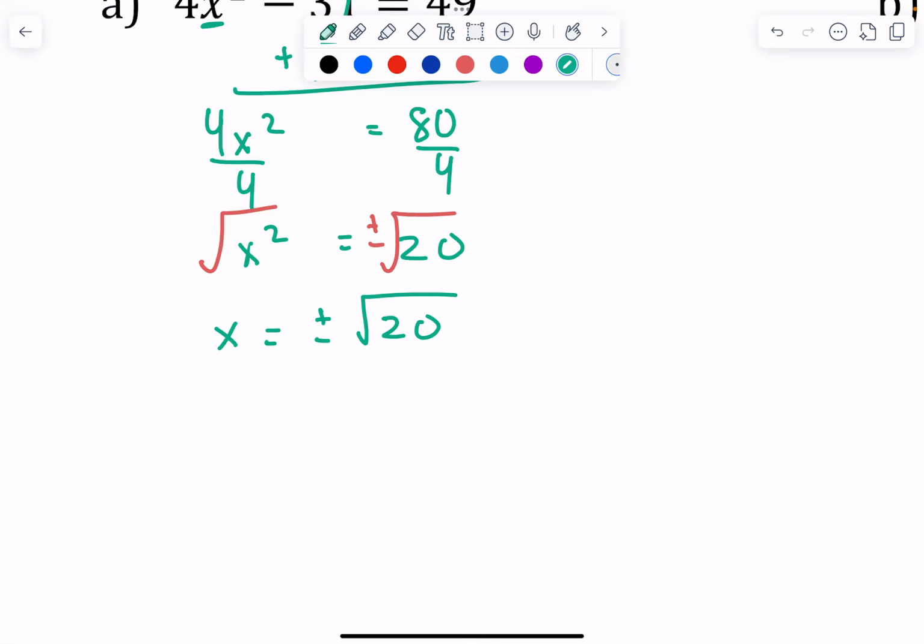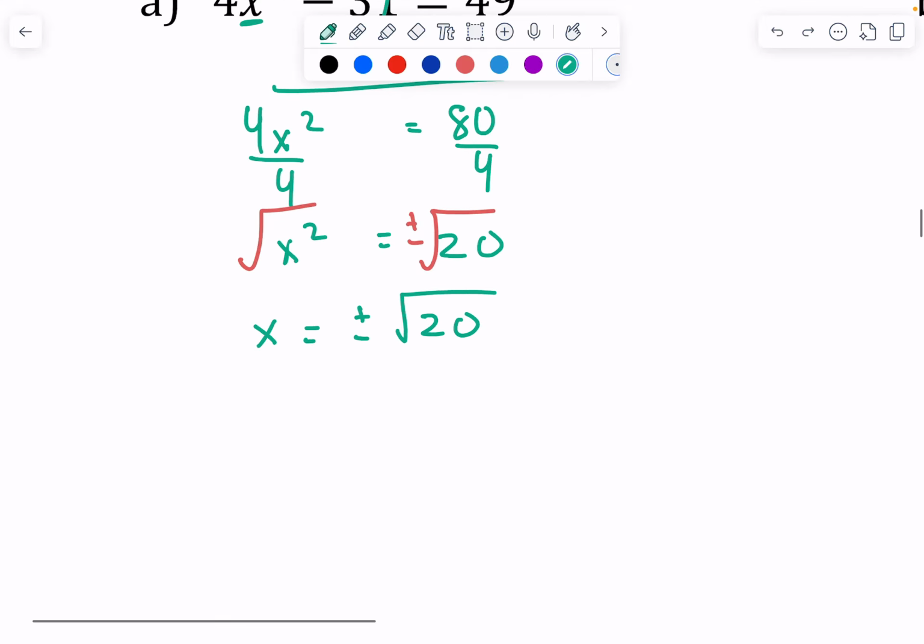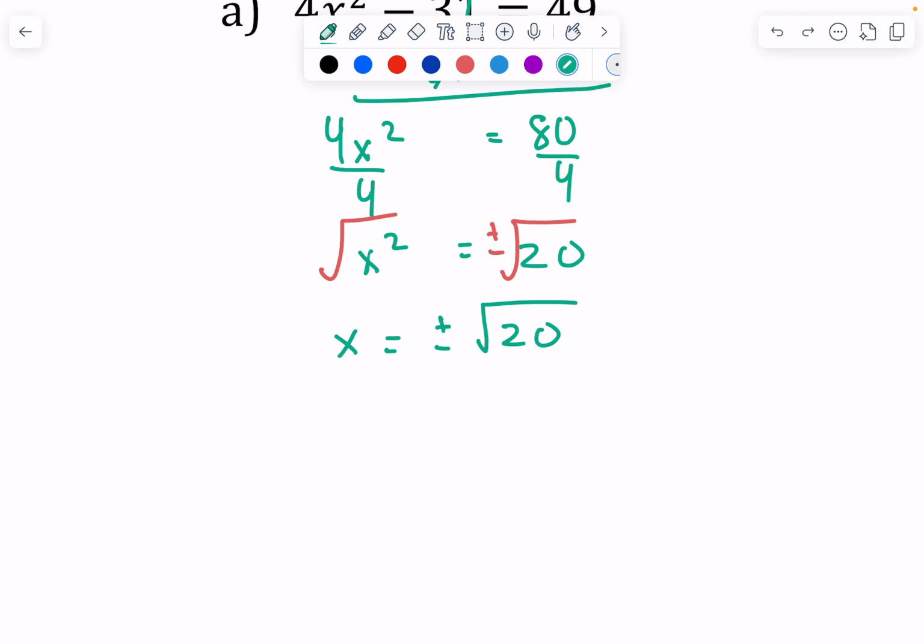Now, you can't leave your answer like that. You have to simplify it further if you can. The way in which you do that is you look at this number under the radical and you ask yourself, does 20 contain any factors that are perfect squares? And if you don't know what a perfect square is, just remember it's a number squared.